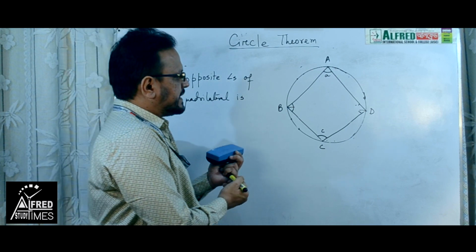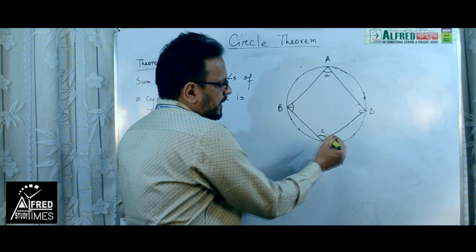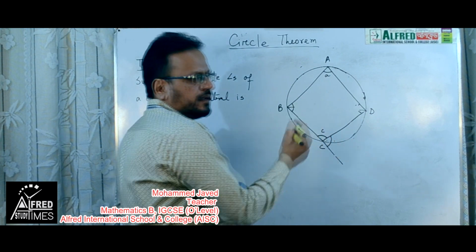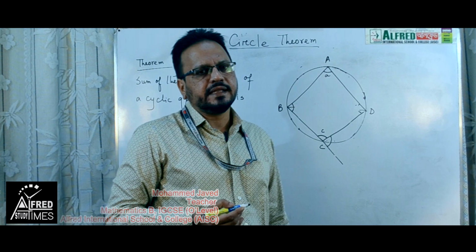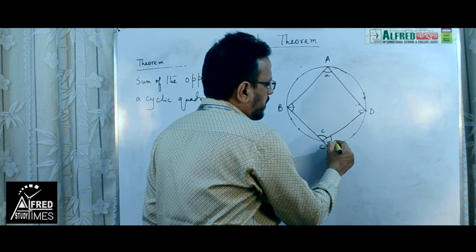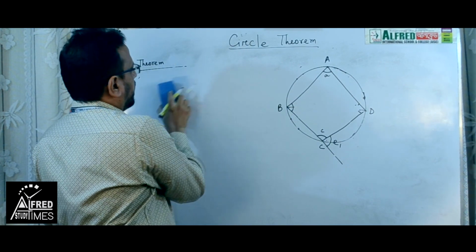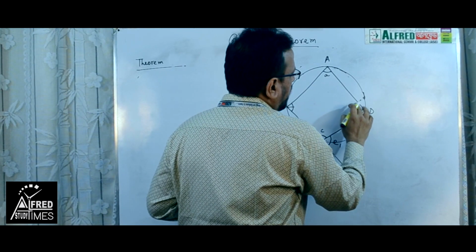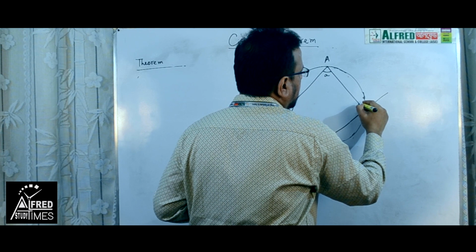If I produce this line BC, then the angle outside the interior angle is known as an exterior angle, E1. And if I produce this one, CD, this is another exterior angle.